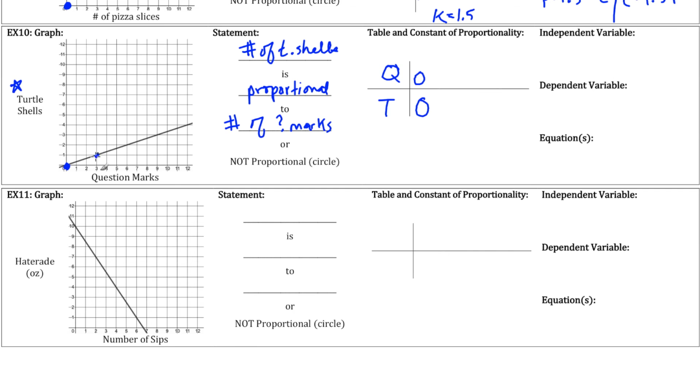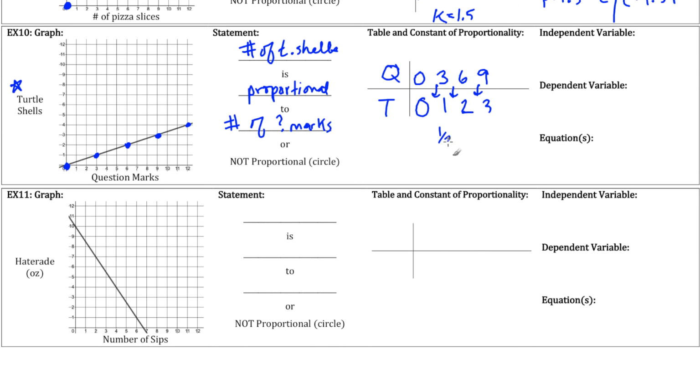Let's find the nice whole number ones. Okay, so 3 question marks, 1 turtle shell. 3 question marks, 1 turtle shell. 6 and 2. 9 and 3. We know it's proportional. We don't have to do all of them because there's a bunch more that are decimals. Let's figure out what we multiplied by.